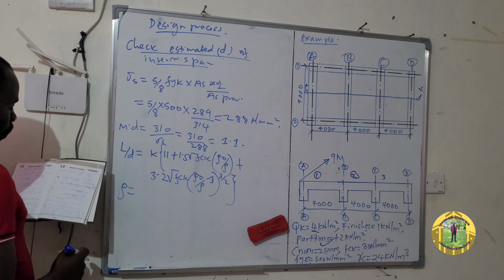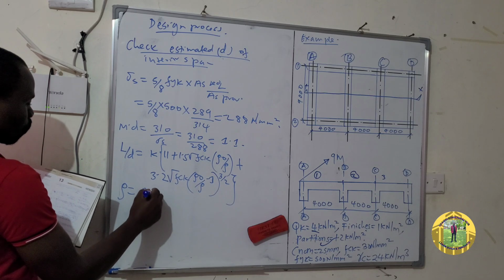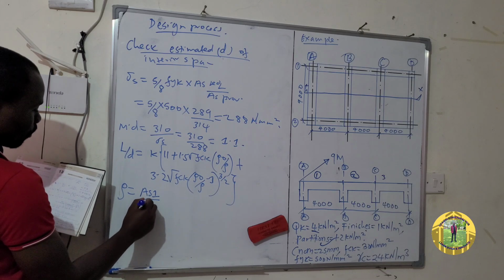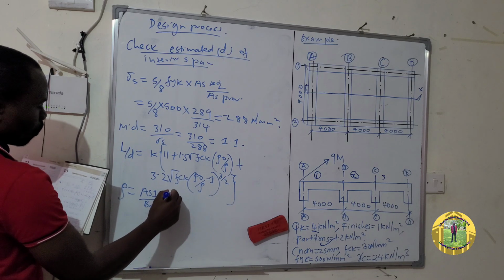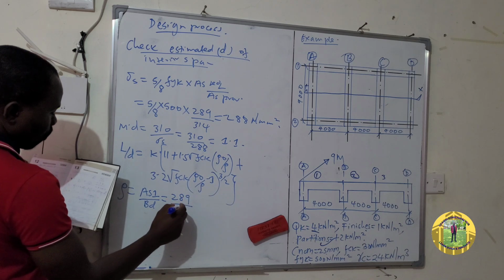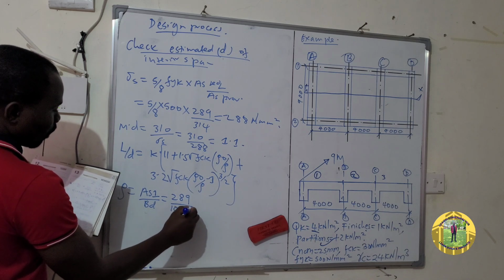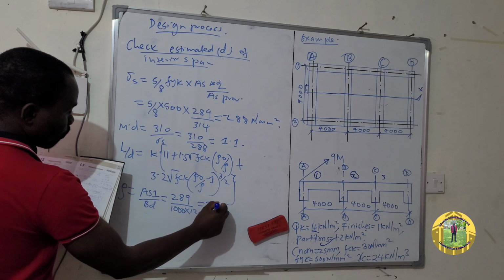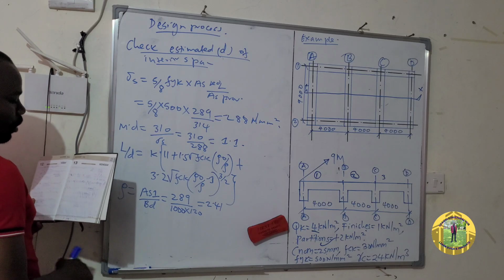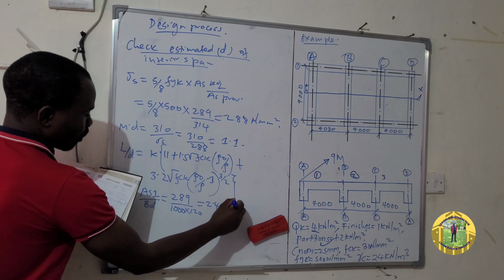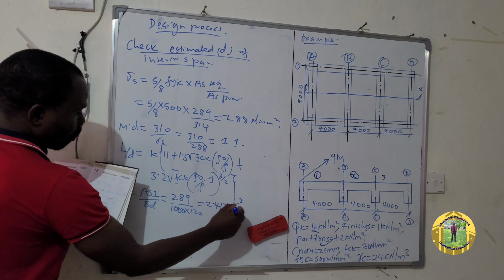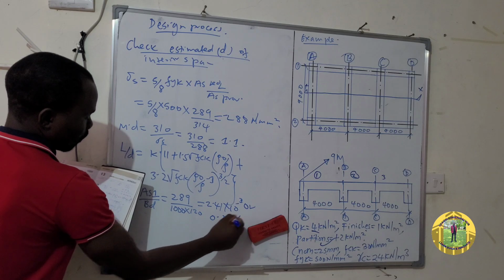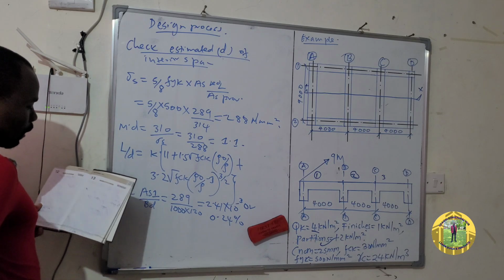We will now calculate using this formula, As1 over bd. So this is equal to 289 over 1000 times 120, which is equal to 2.41 times 10 to the power of negative 3, or 0.24%.